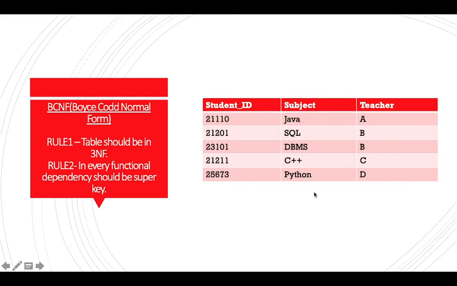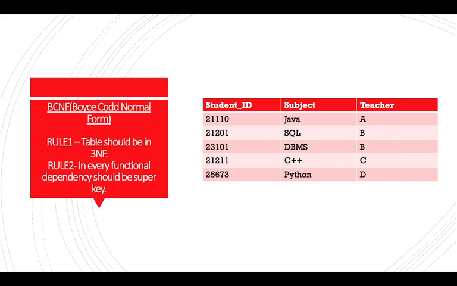If you see the definition, every functional dependency should have a super key, but this is not a super key. That means our table is not in BCNF. Our table is not following the rules of BCNF.